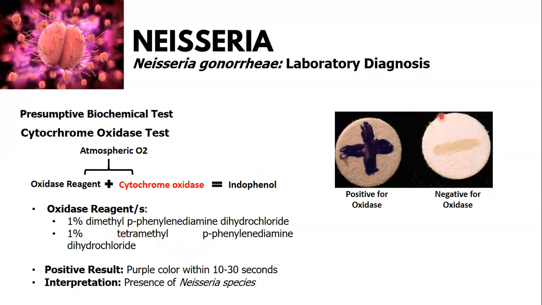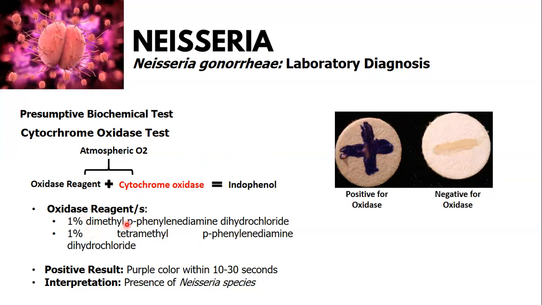So in performing the test, we can use filter paper discs that are smeared with colonies containing gram-negative diplococci that are kidney bean or coffee bean in shape. And these colonies containing those morphological features will be added with any of these oxidase reagents.